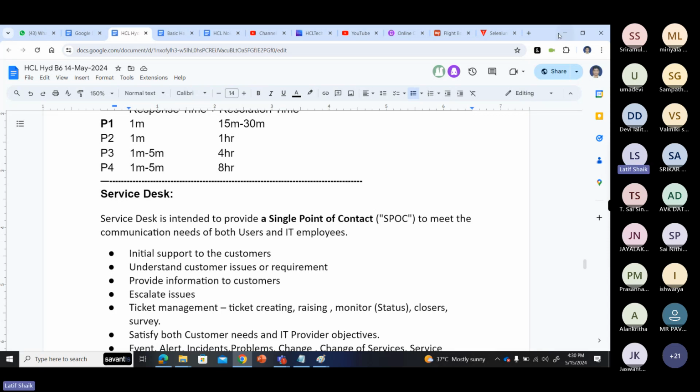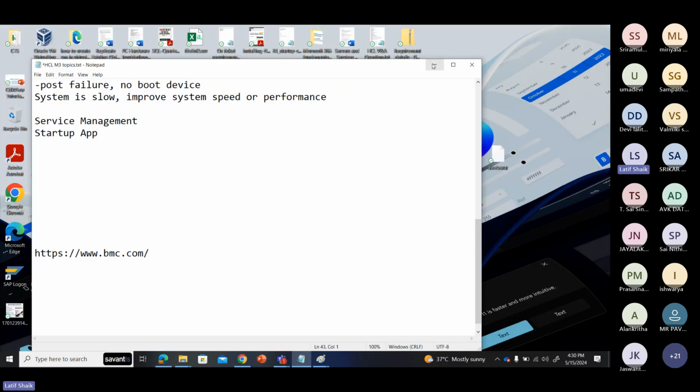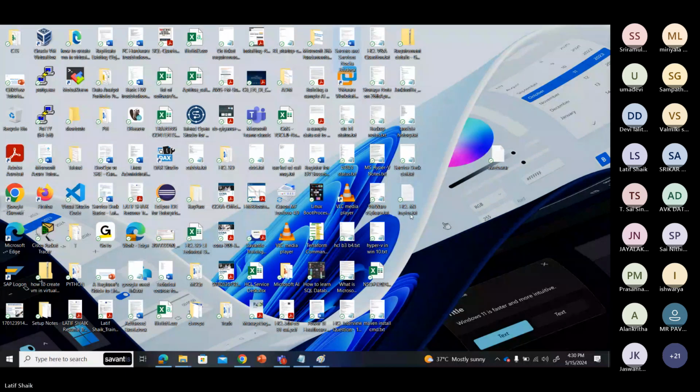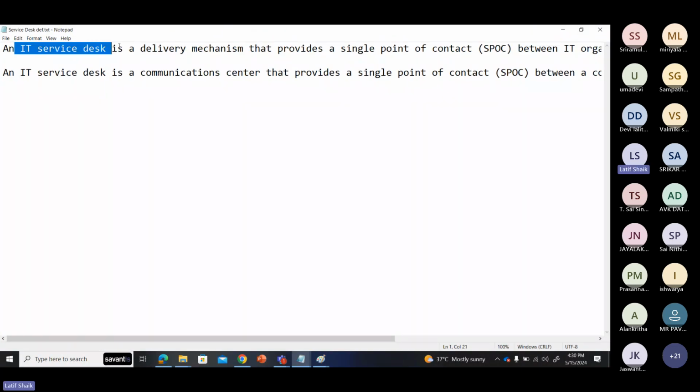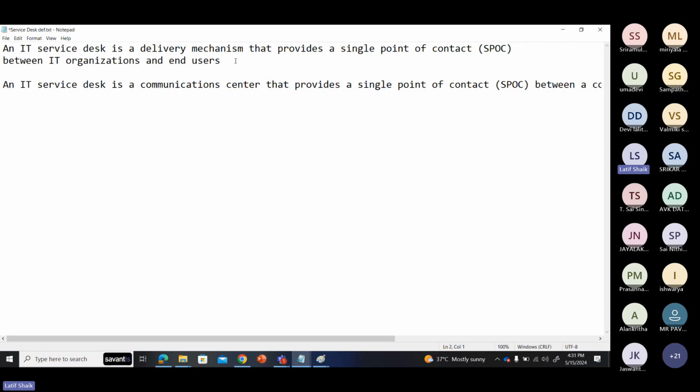Now, yesterday I also shared some information. An IT service desk is a delivery mechanism that provides a single point of contact between IT organizations and end users.